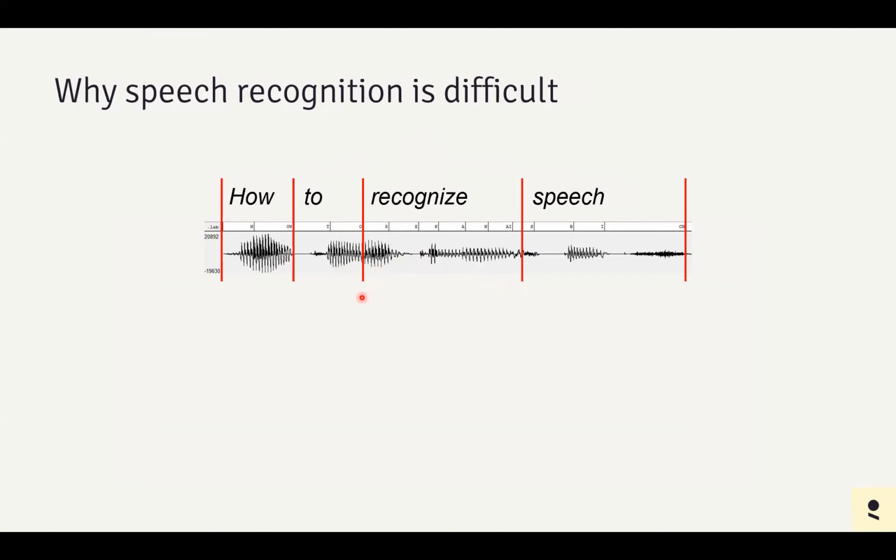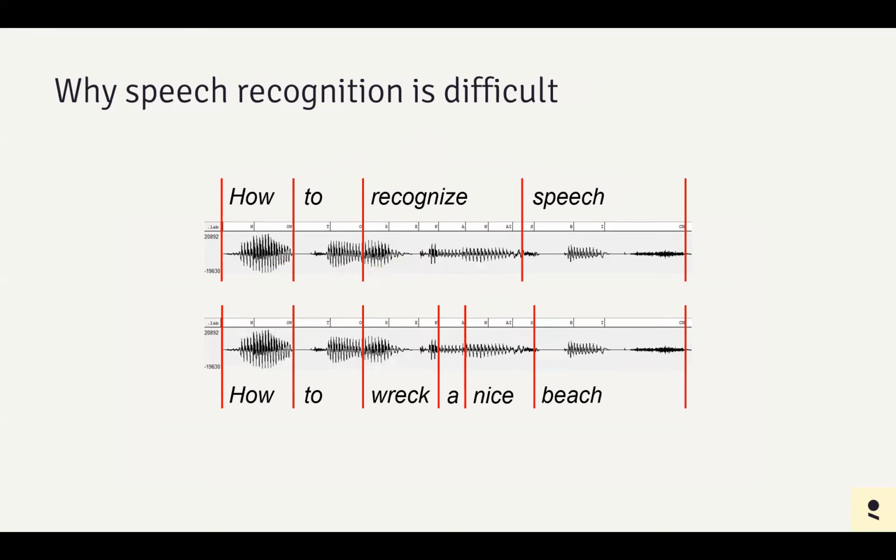And even more, the exact same audio could also be how to wreck a nice beach. And so the question then is, how does the listener know which interpretation to choose? And for that, you need to have an idea of what is a likely thing to say in this context or in general.